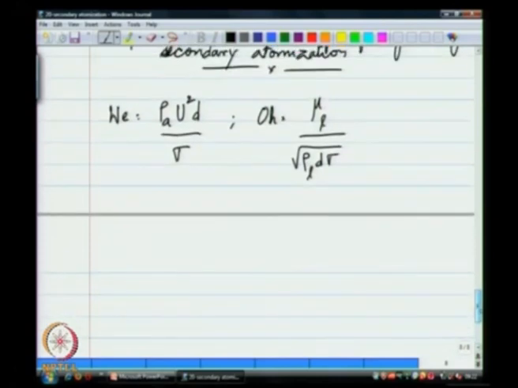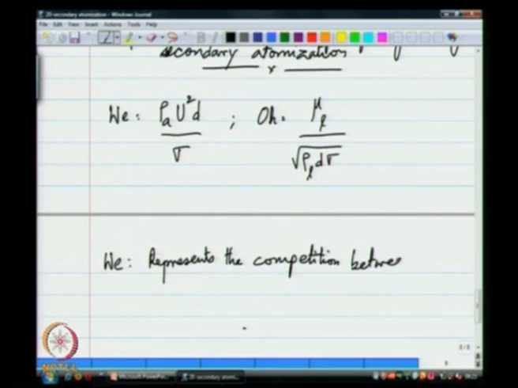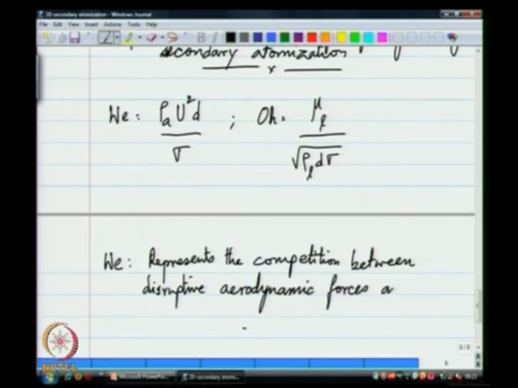So, now just to summarize, Weber number as this group shows represents the competition between the aerodynamic force and restorative surface tension force.